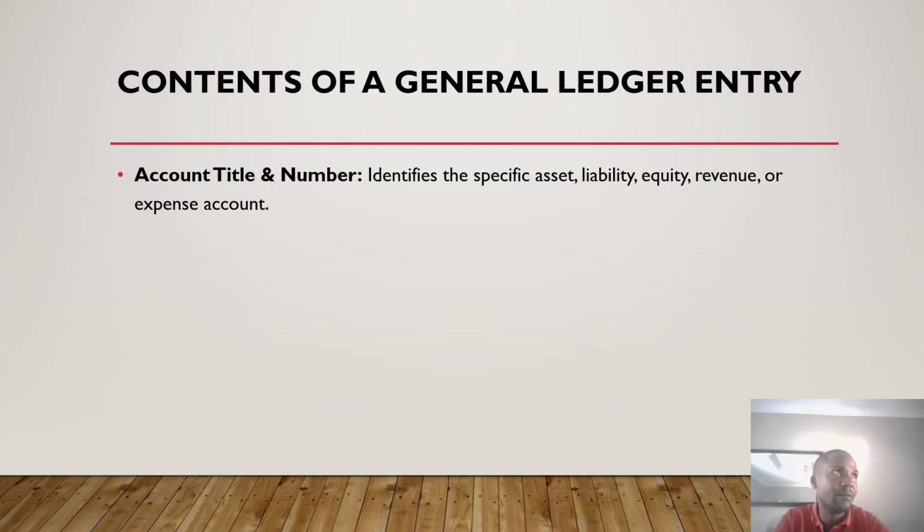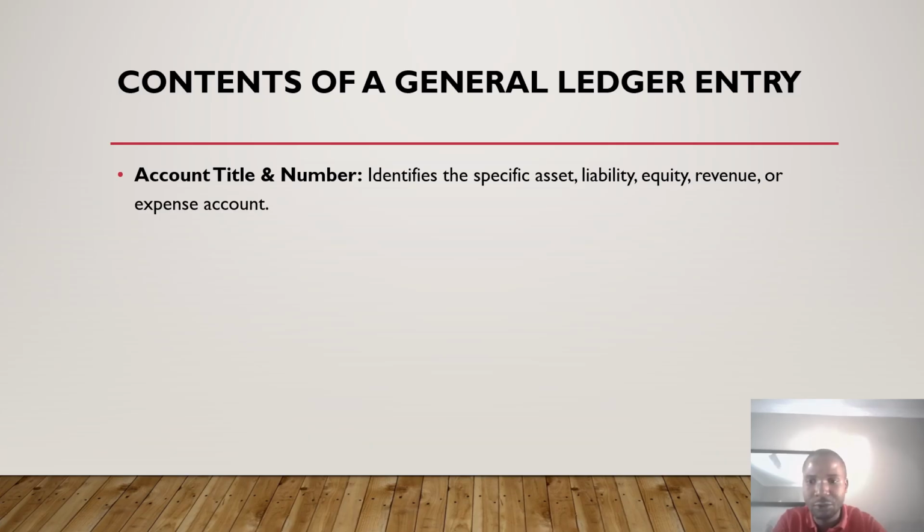For example, if you want to record an expense account of rent, the title we're looking for is rent expense. It has to appear that this is a rent expense account, or this is a cash account, or this is a bank account. If it's a liability, it's an accounts payable account. So we must have that account title and name.